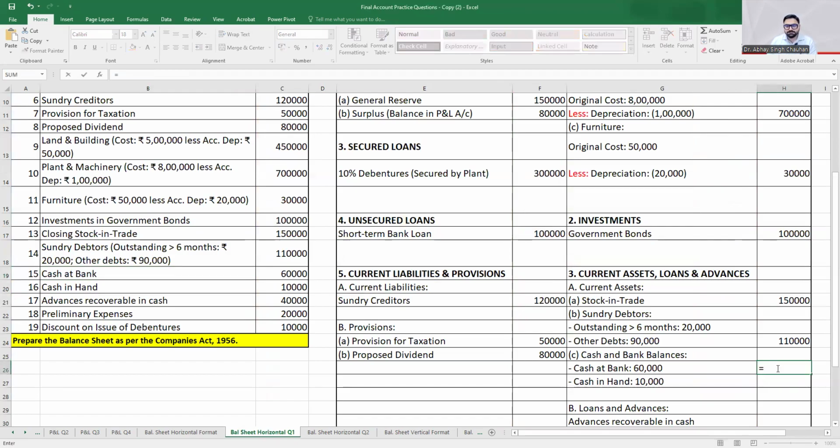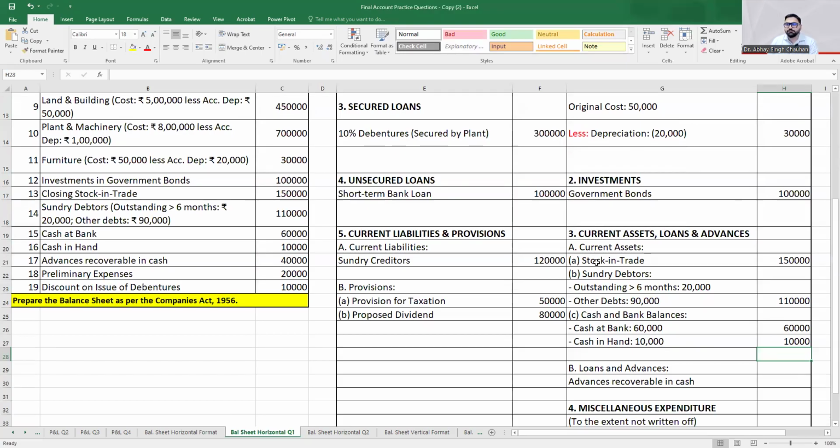So we have the cash at bank and the amount is 60,000 over here. And then we have the cash in hand, the amount is 10,000, right? So we'll mark equals to over here, and then we'll put 10,000. Copy this value, right? Then apart from this, we have the 17th point, that is advances recoverable in cash.